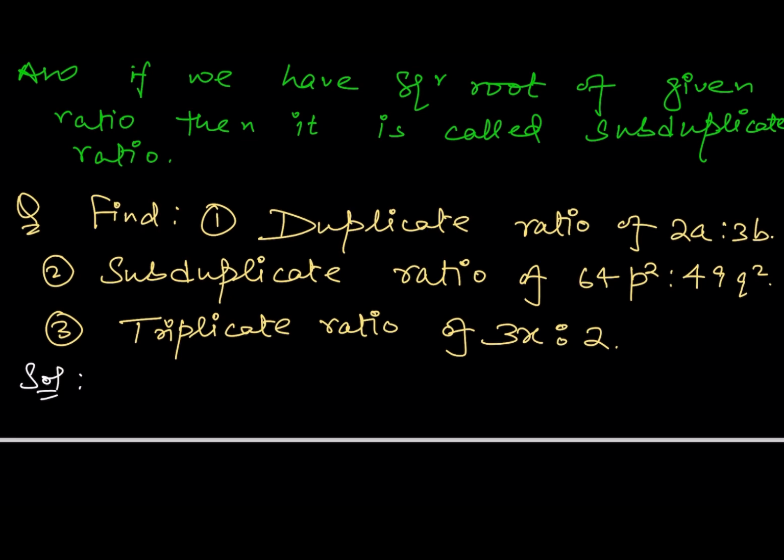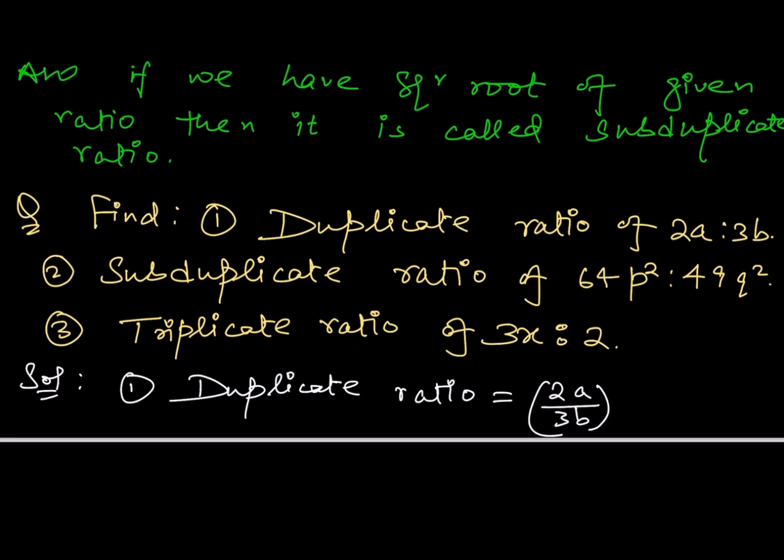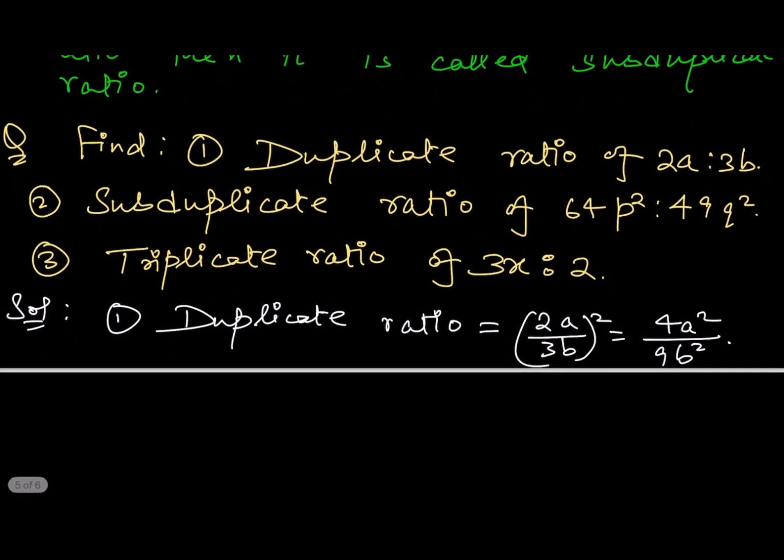So first we have to take duplicate ratio, means 2a by 3b whole square, which is 4a square upon 9b square. Okay.